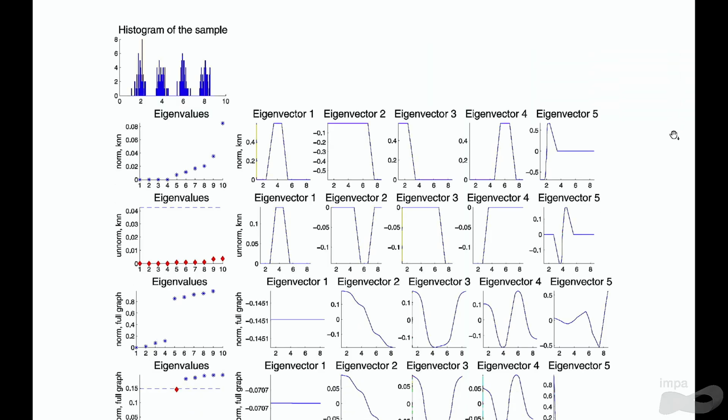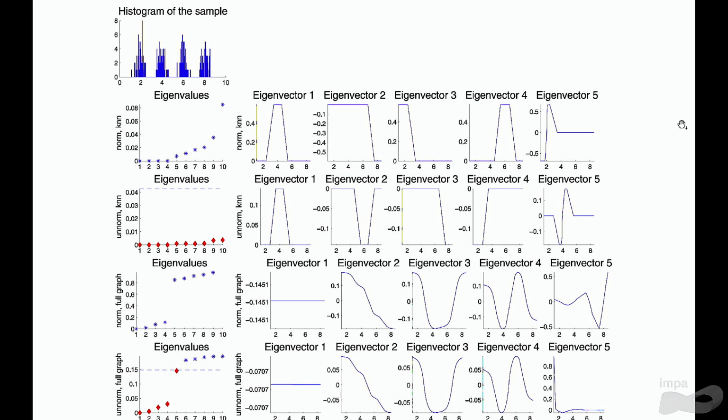Taken from the von Luxburg survey paper, which for a toy simulation example shows a little bit of what's happening for different Laplacians when you look at the eigenvalues and eigenvectors. So here what we're doing is we are generating a data set, and our data set is actually given by samples here.